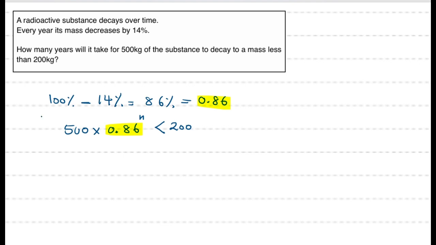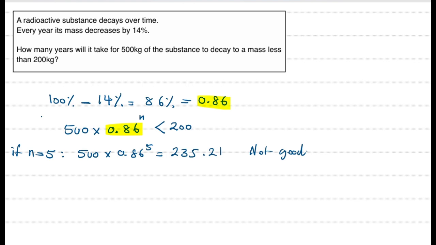So when I start with n equals 5, I would get 500 times 0.86 raised to the power of 5, and that gives me 235.21, which is not good. So I want it to be smaller than that because I want the answer to be less than 200.